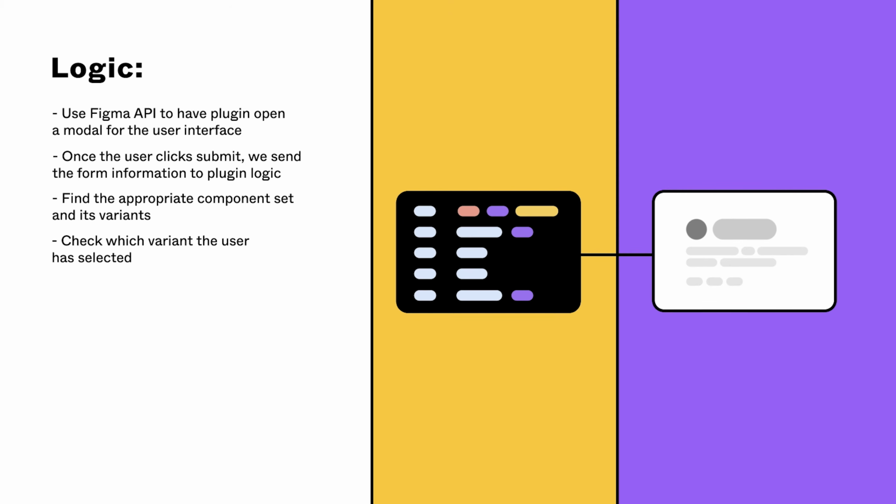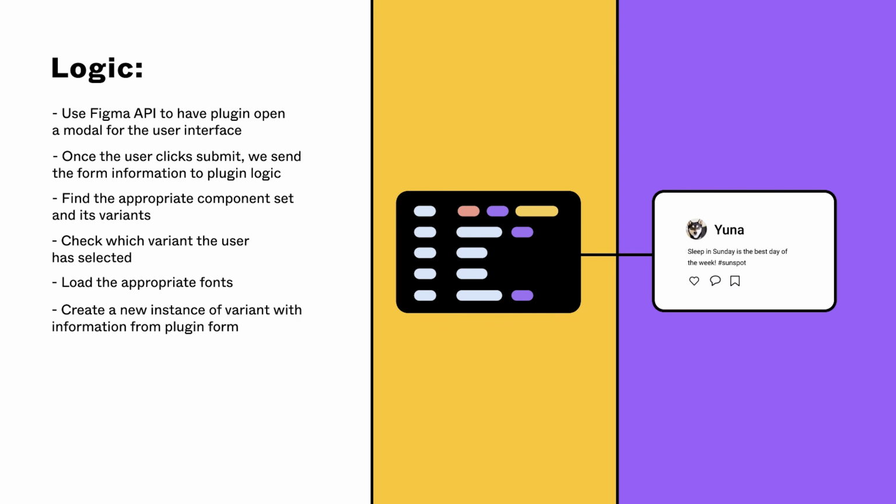To create a new card, we'll first want to load the same fonts used in the existing card components. Once we have the information from the plugin form and the correct fonts loaded, we'll use a method from the Figma API to create a new post component. What we are actually doing is creating a copy of the specified variant, then overwriting its information in the new component.